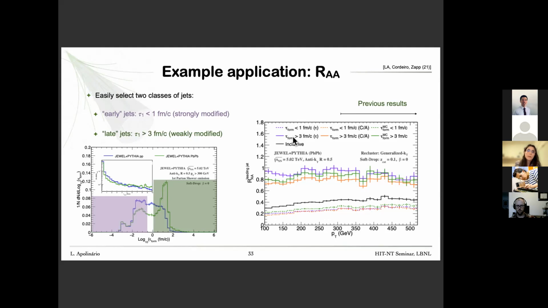But this is a very simple model. So considering the numbers that we selected and the length of the medium implemented within Joule for this setup that we used, we would expect these jets to be roughly unquenched, if this was to be interpreted as the formation time of the first splitting.